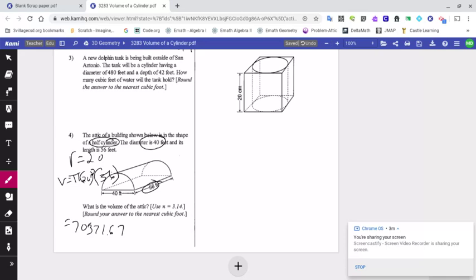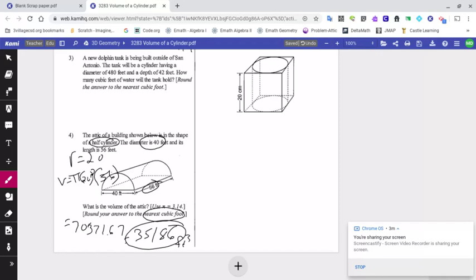That number divided by 2, rounded to the nearest cubic foot, will give you 35,186. Now I think on the solution sheet I transposed those two numbers and I wrote 168, so I apologize for that. But that is the answer you should have gotten, 35,186 cubic feet. So that's number 4.